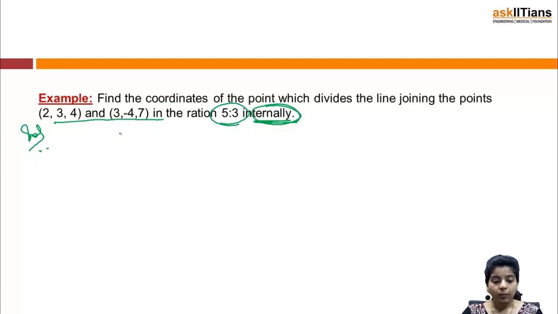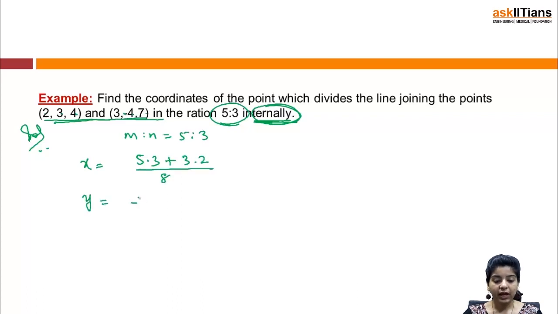So now my m is to n is 5:3 and the coordinates are this, that is x1 y1 z1, x2 y2 z2. So my x would be 5 into 3, right. Now it's internally, so there will be plus sign. So we have (m x2 plus n x1) by (m plus n).